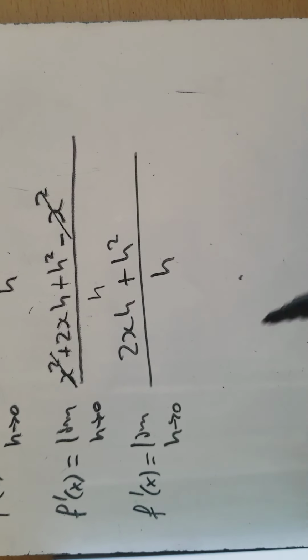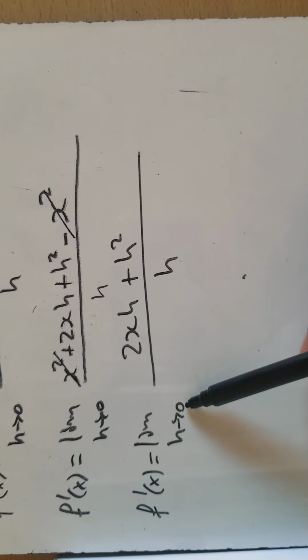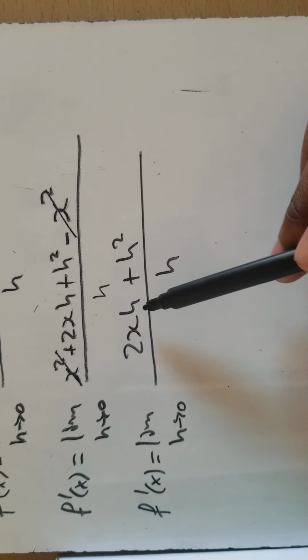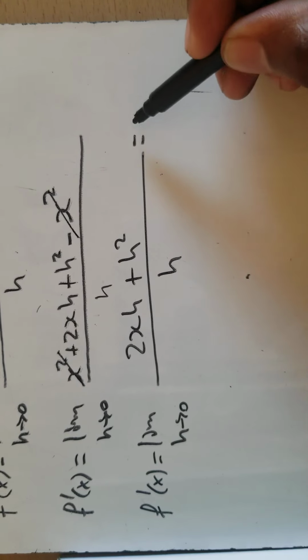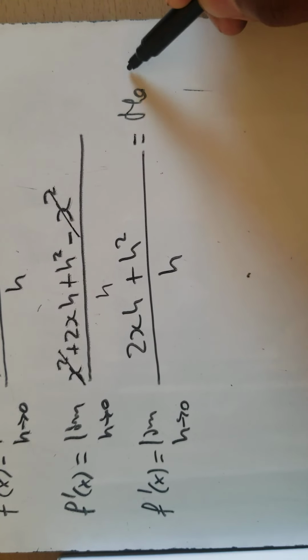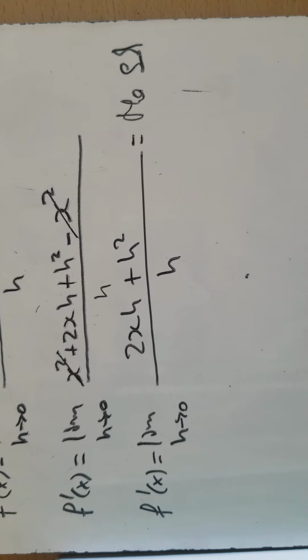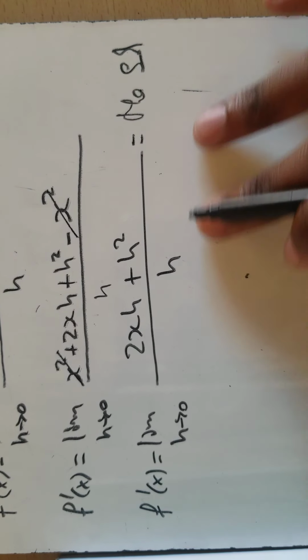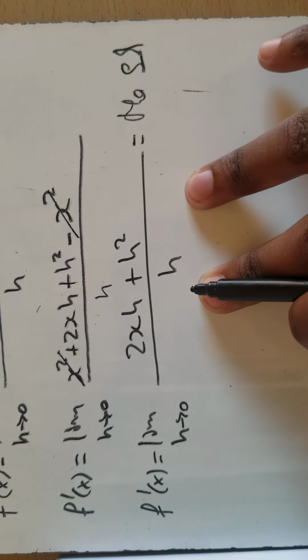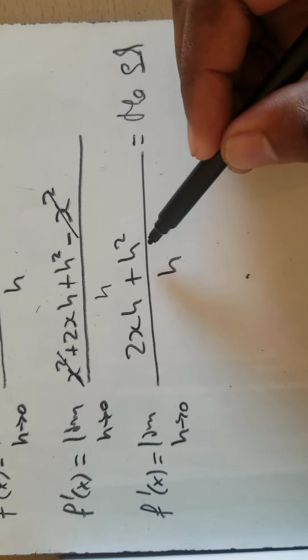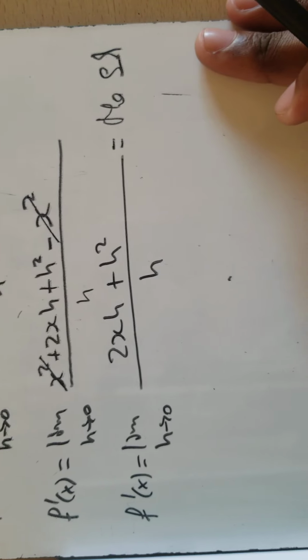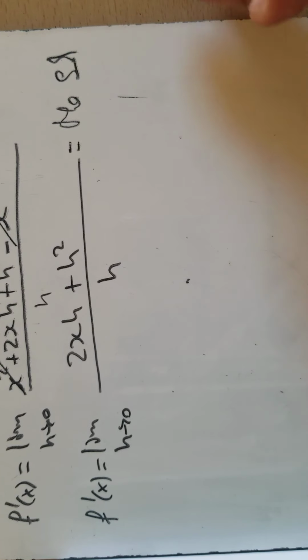So now, you guys notice here that we are given h. If we let h be 0, this will have no solution. So what we need to do is manipulate this equation in such a way that when we put 0 in the remaining h, we won't get an undefined value, we'll have a defined, real solution.